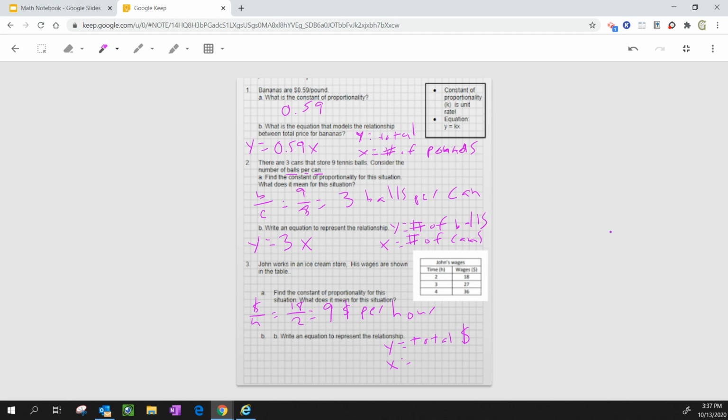And that depends on how many hours he works. So that's going to be your number of hours. So when I figure that out, my total money I make is the number of hours that I work times that unit rate there. So that's going to be my equation.